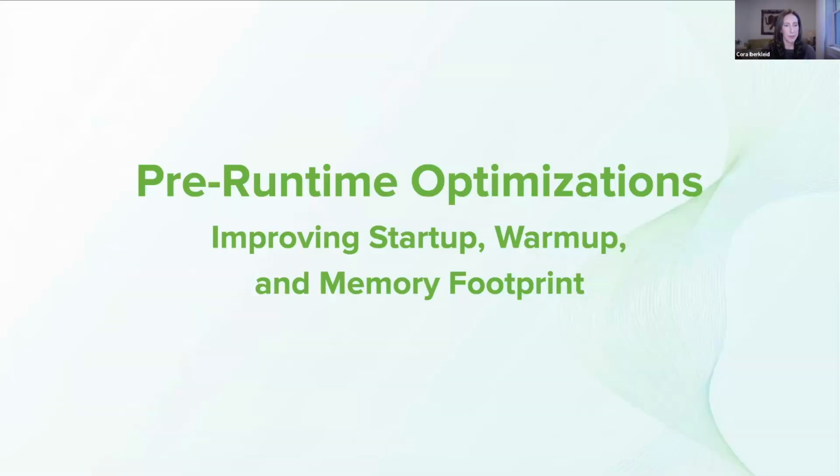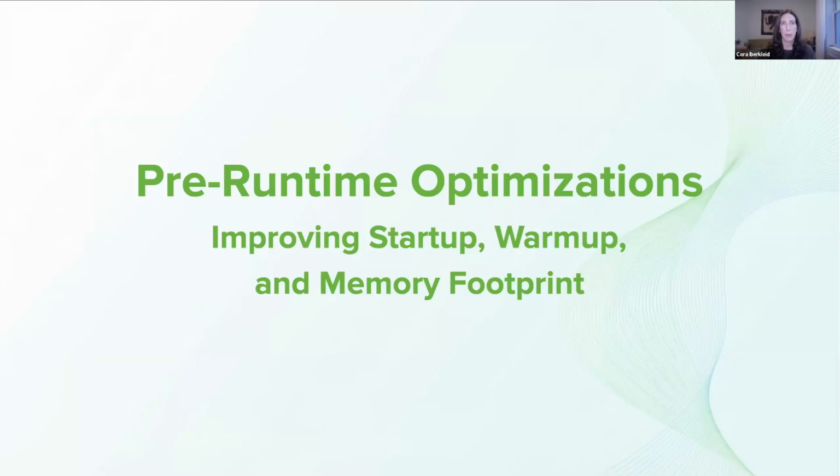Next, I want to talk about the other set of optimization. So this one happens at runtime, the virtual threads that we just looked at. All of the other techniques that we are going to explore happen before the application reaches production.